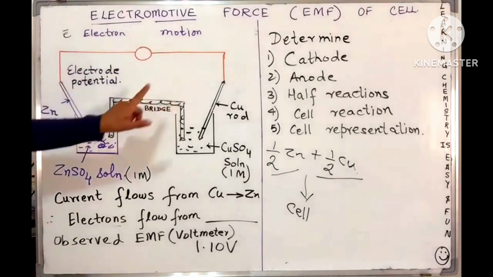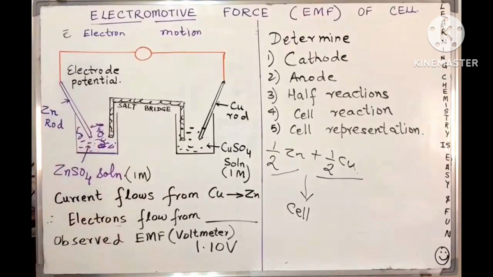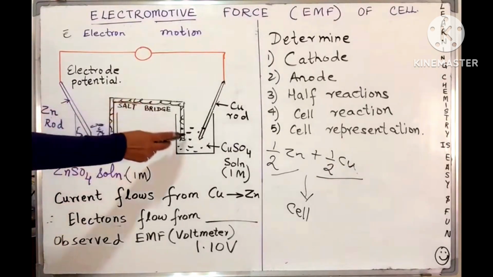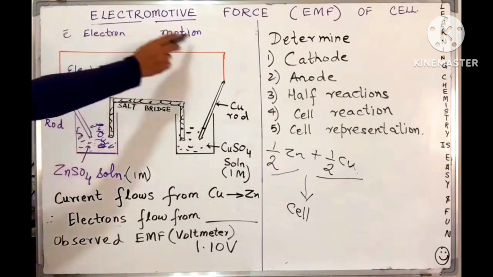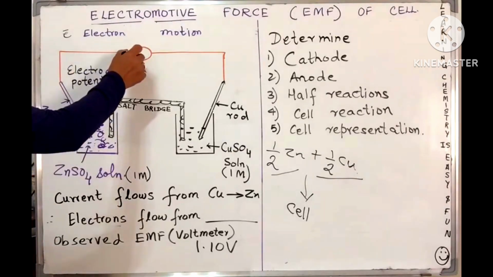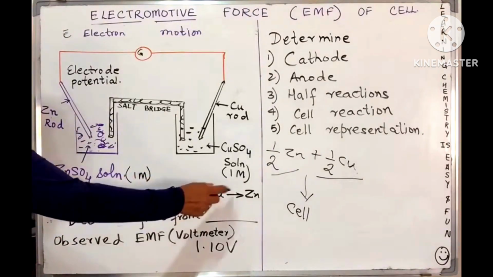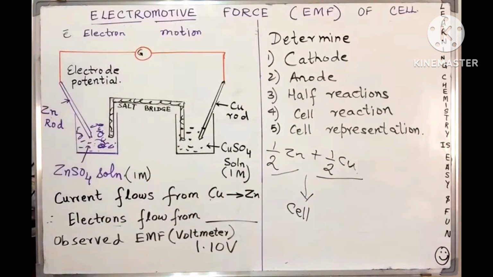When I set this up, I have also connected the salt bridge. I hope you know what a salt bridge is and what its function is; these are also discussed in a separate video. Now, when you connect them and make it a complete closed circuit wherein the flow of electrons and charges can take place easily, I'll connect a galvanometer, and it tells me that the current is flowing from the copper electrode towards the zinc.